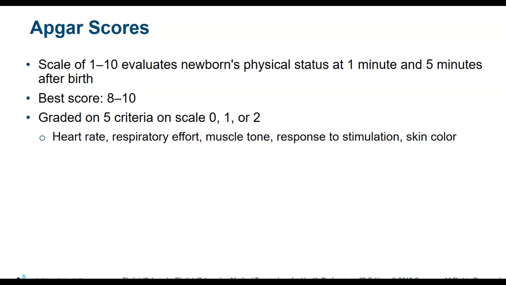They look at the baby's heart rate, respiratory effort, muscle tone of the body, whether they're responding to stimulus, and skin color. Are they nice and pink? Are they still a little bit blue? So even if we have a lower score at 1 minute and then we get a nice score at 10 minutes, that's a great thing to see.